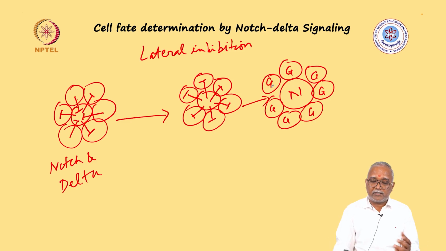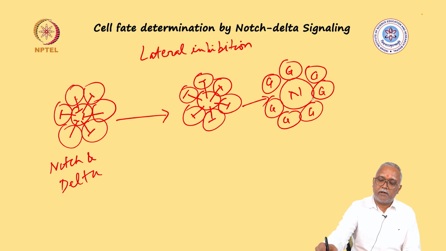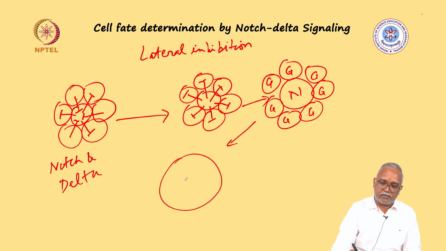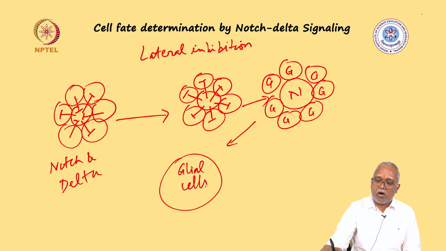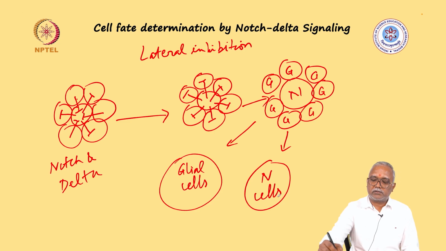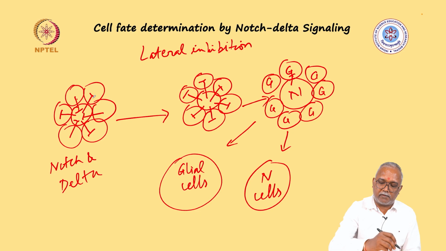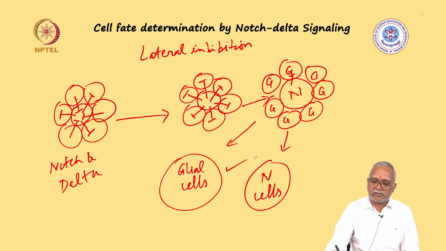But if for any reason the switching does not happen or one of them is not working, so if the neuronal fate signal is not there, then all cells become glial cells. Or if it goes wrong the other way around, all cells become neuronal cells. So this bidirectional signaling in the beginning and then the switch into unidirectional signaling is very important for such fate specification through Notch-Delta signaling.